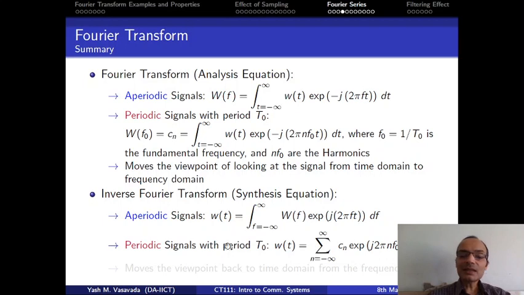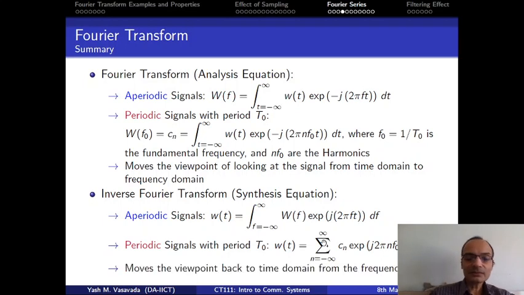The reason this is happening is because the frequency axis has been discretized. It is not continuous anymore, and so therefore the integration becomes summation. Okay, so that is a formal way of appreciating the effect of introducing periodicity in the time domain.